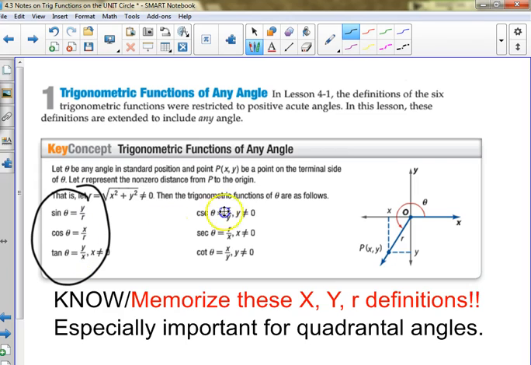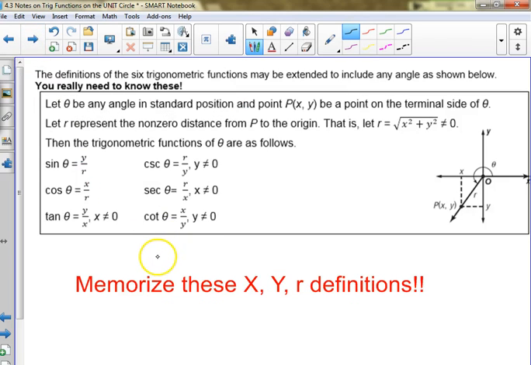If you know those, then you should be able to flip them over and do this. All right, so this is off your notes. Again, find it. Am I out of order or is this at the top? Okay, so make sure you have these memorized.